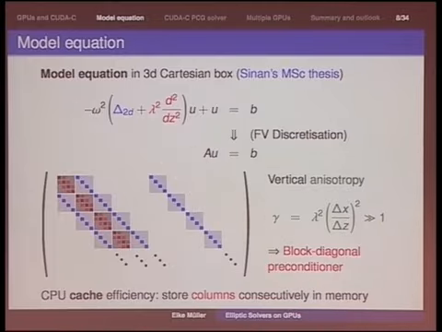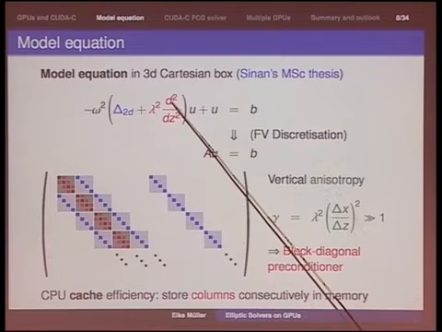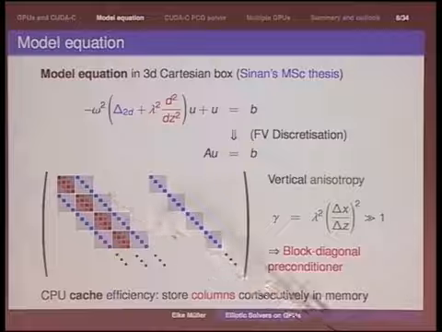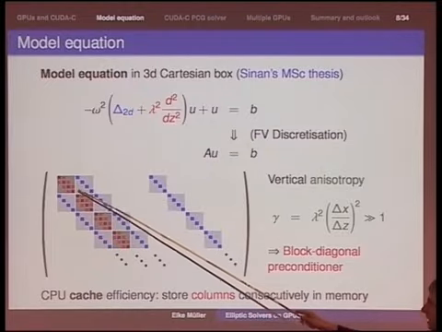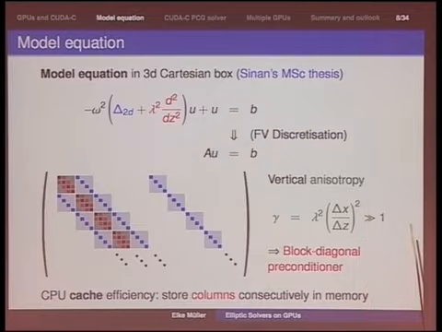And then actually a good preconditioner is one where you just drop this term here and just take this term, and then the matrix just decomposes in these dark gray blocks here, and just becomes block tridiagonal or tridiagonal matrix, which you can invert very easily on each horizontal grid point by using this Thomas algorithm. And that's this block diagonal preconditioner we use.